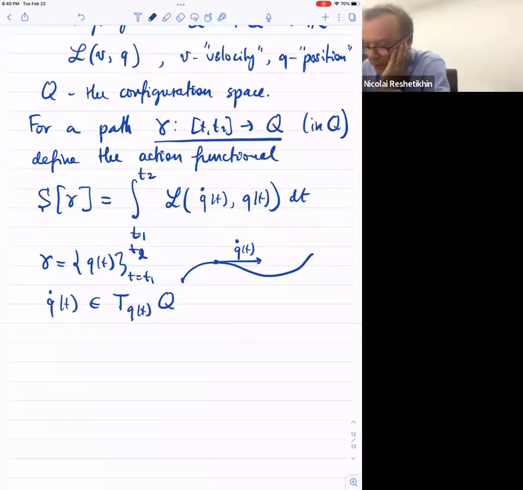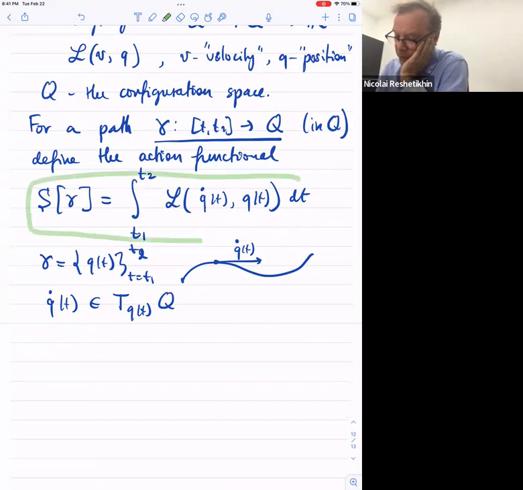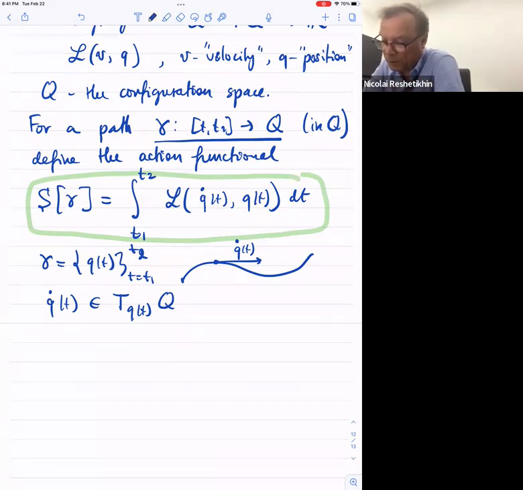So this is the most general setup for Lagrangian mechanics. As you can see, the data that define a Lagrangian mechanical system are the configuration space and the choice of Lagrangian function.